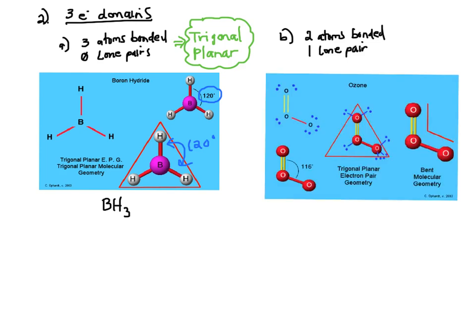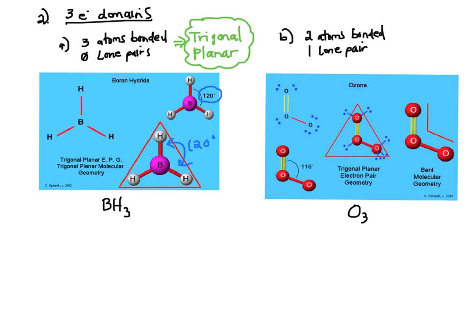And the other 3-electron domain shape that you can get is where you have 2 atoms bonded to your central atom and only 1 lone pair on the central atom. So, for example, ozone, which has O3 as its chemical formula. Ozone has 1 central atom and 1, 2, 3 electron domains around the central atom.